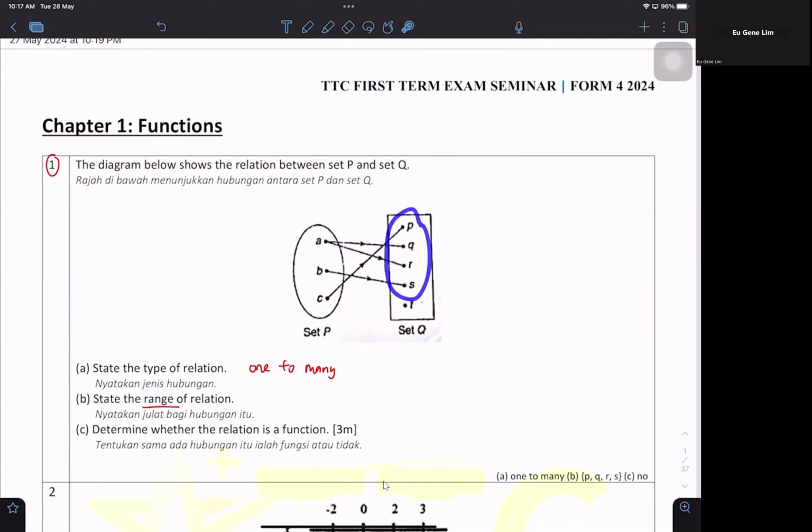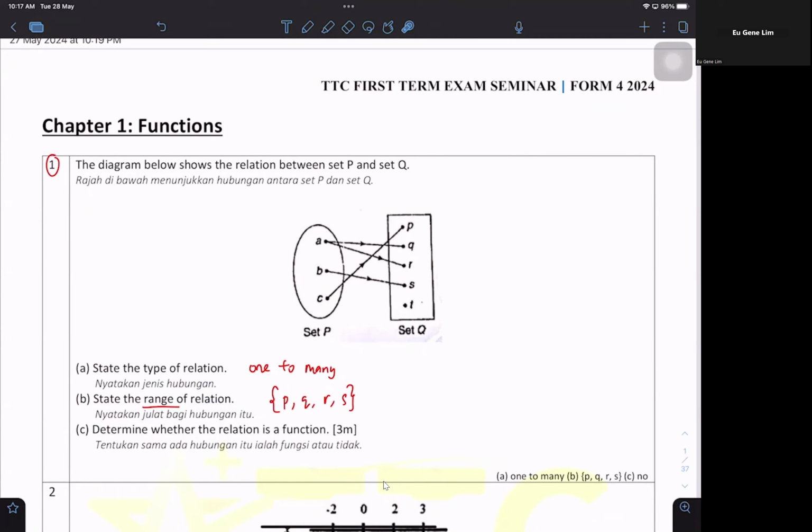So you write PQRS, but then you must write the bracket, the special bracket. All this we already learned in normal class. You just have to go and revise it. Just take back your notes and go through the basics.